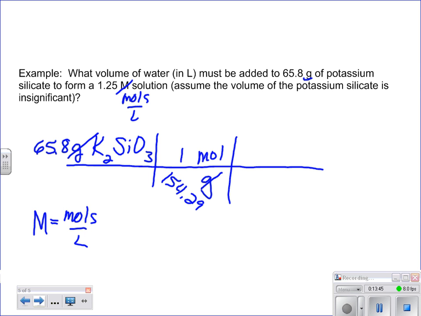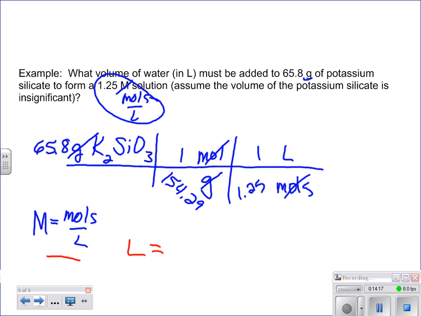So we come over here, and we don't want it as moles. What do we want it as? Liters. Yeah. So when you look up here, what number goes with the liters? 1. What number goes with the moles? 1.25. So what you ended up doing was you flipped that. In other words, if you change this around algebraically, you would be saying liters equals, what does it equal? Good.